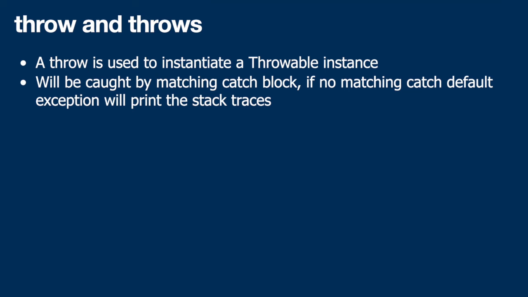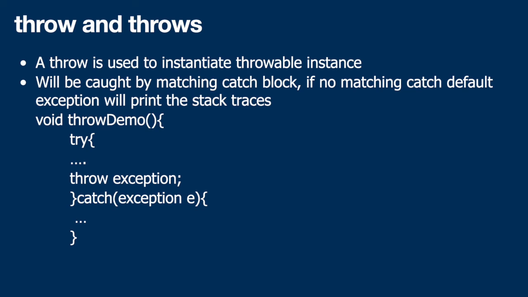So if there is no matching default exception, the stack trace will print the error and halt the code. So you have to match the throw keyword with the appropriate exception type that has been thrown in the statements block. And generally it is used as such.